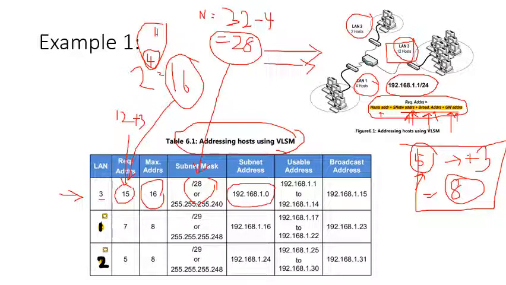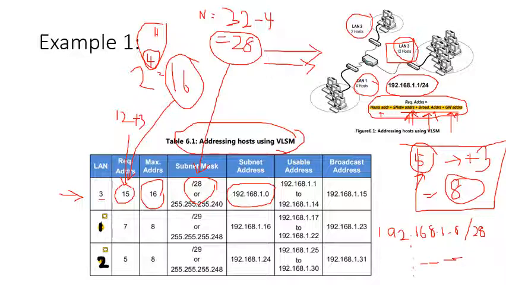The subnet address is 192.168.1.0/28, the first address in the subnet. So what is the broadcast? You need to identify the host and network bits. There are 4 bits at the host: 1, 2, 3, 4.